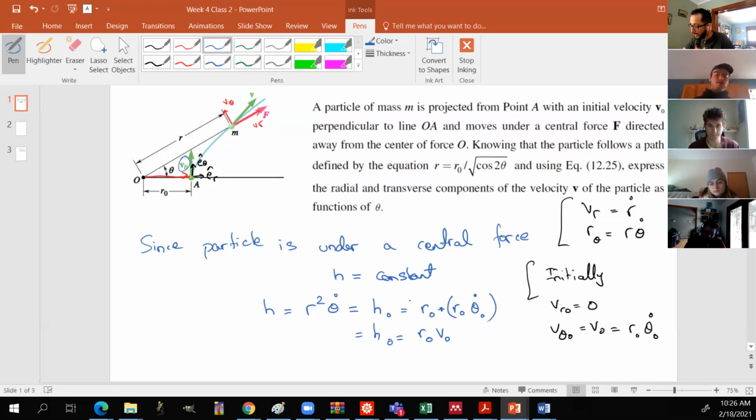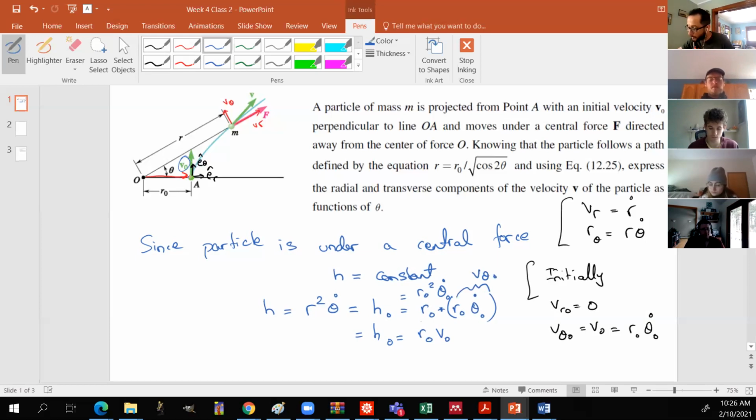That can also be written as, I guess I skipped a step here, r naught squared times theta naught dot. So it's your initial position squared times your initial angular speed. Opening this up, I can write this expression as r naught times theta dot naught, and this is nothing but your initial v theta.